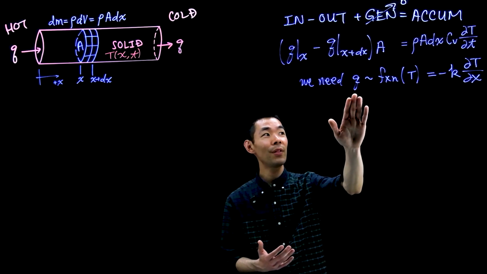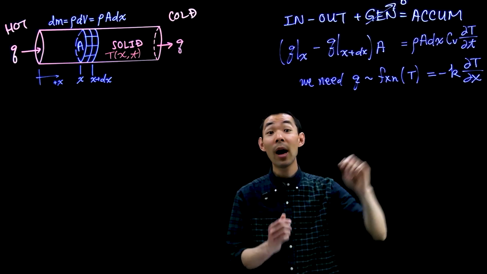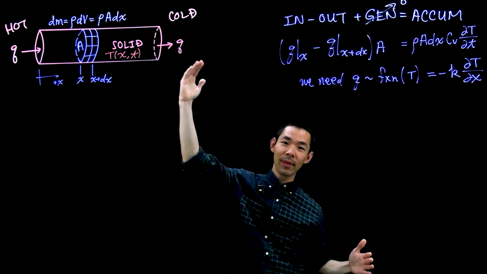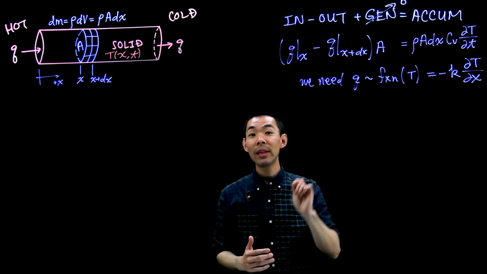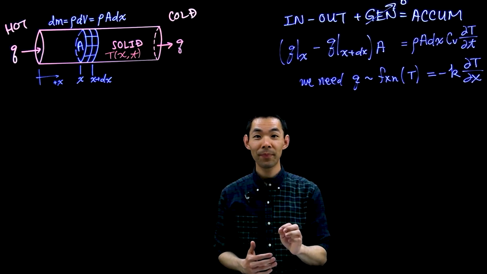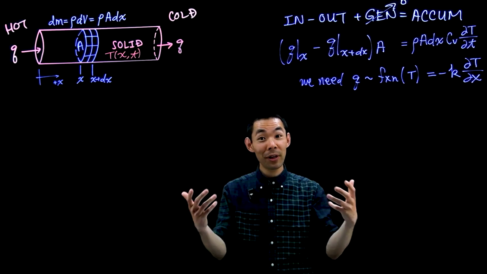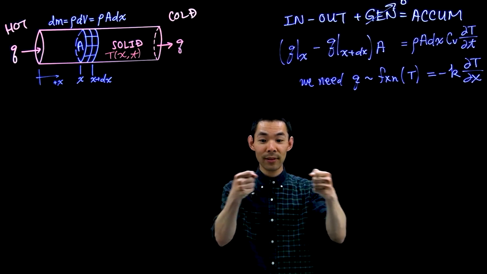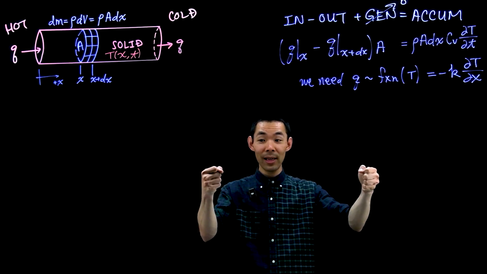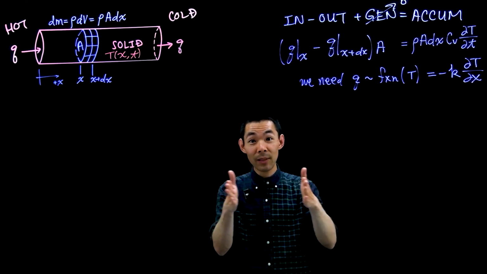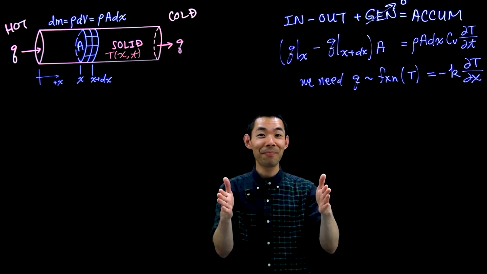It says that the heat flux is proportional to how steep that temperature profile is. And this type of linear relationship is sometimes called Hooke's law, like the spring that you learned in high school, F equals negative K times delta X. How much you pull the spring, the recoil is proportional linearly to the displacement about its equilibrium spring position.